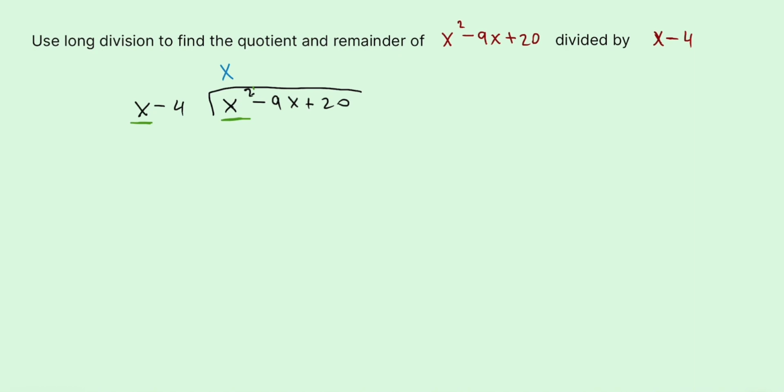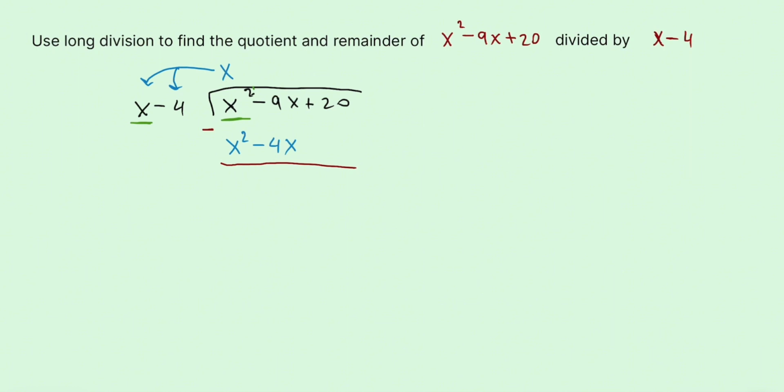Then we multiply this answer, x, by each term of the factor. x times x is x squared, and x times negative 4 is negative 4x. We write it at the bottom of our polynomial and then subtract, writing everything under the line.